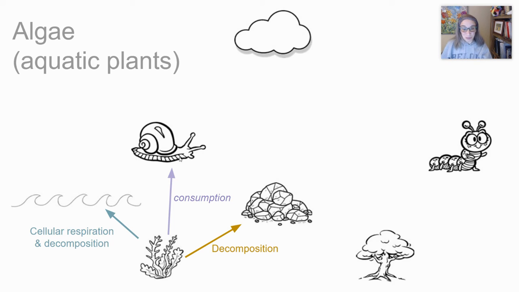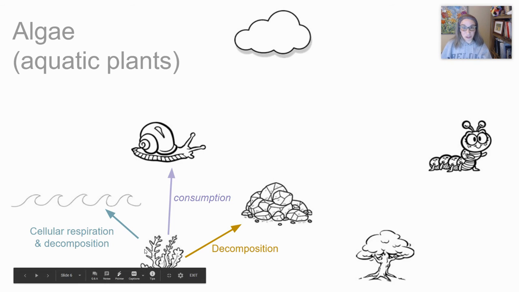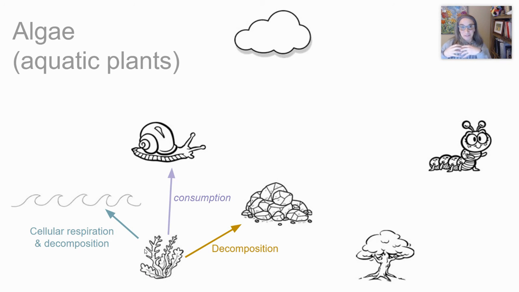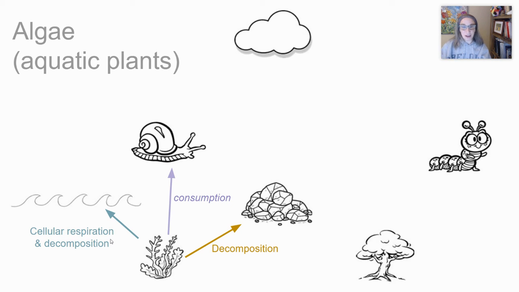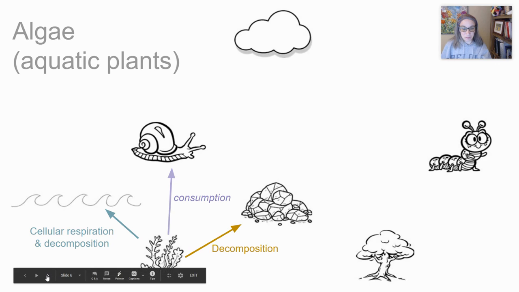Also through cellular respiration, when the algae gives off carbon dioxide, some of it is carbon that comes out of that algae. And then finally, through decomposition. Basically, all of the components of the cycle that are alive, when they die, they decompose. And in doing so, they give off some of their carbon.